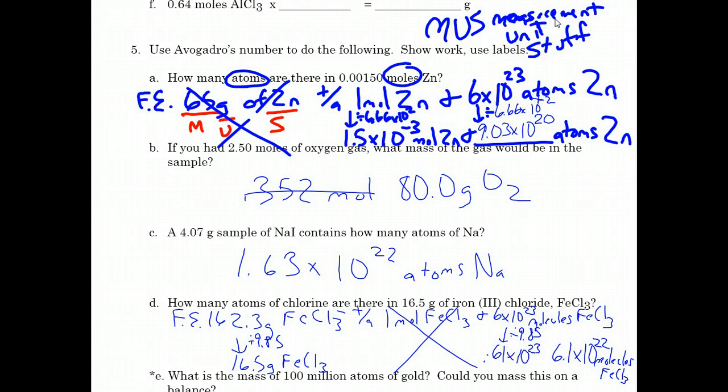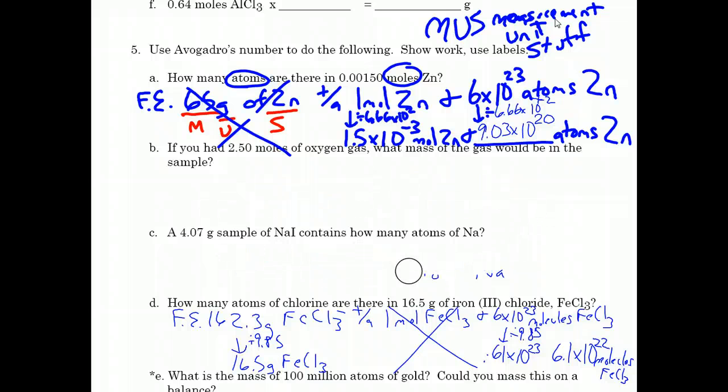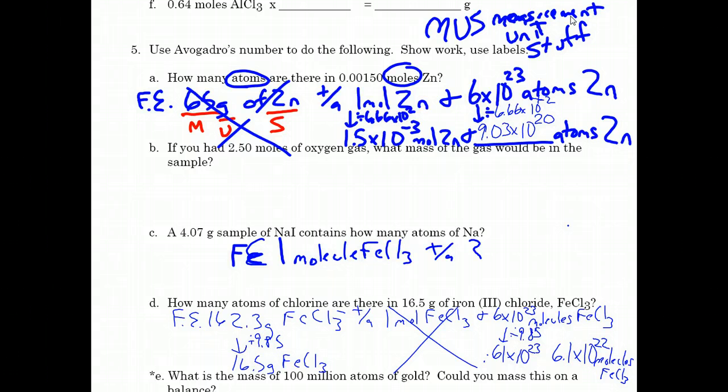And let me just erase this real fast and we'll end here. So for every 1 molecule of FeCl3, there are 3 atoms of Cl. And I got that from this idea of FeCl3. There's 1 Fe and 3 Cls that make up FeCl3.